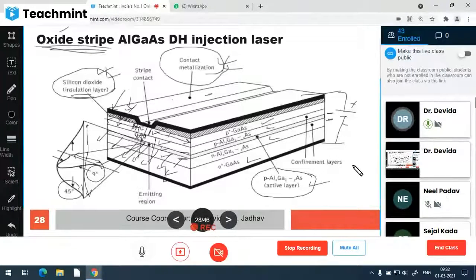All these confinements make the oxide strip geometry laser diode highly directive, highly coherent, and give output as a pencil-like beam in a single direction. That increases the coupling efficiency of light into the optical fiber to a very high level. So this is the construction of the oxide strip AlGaAs double heterojunction laser.